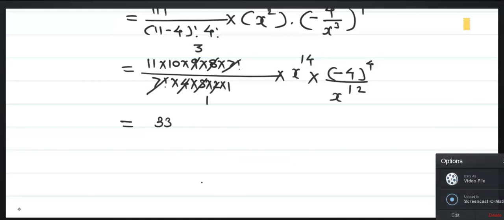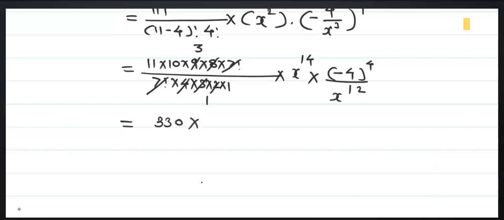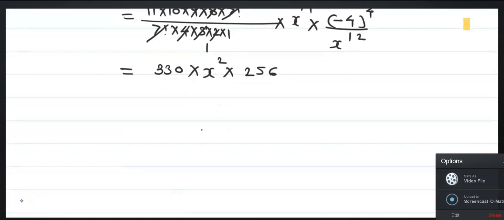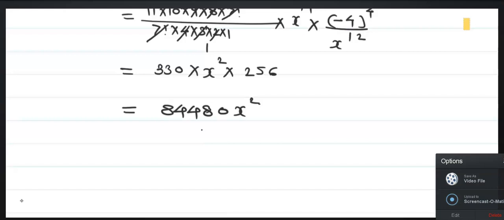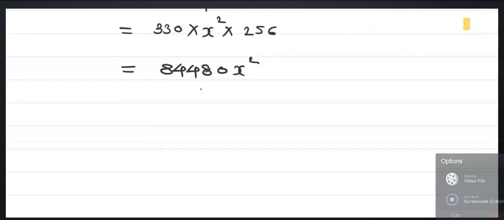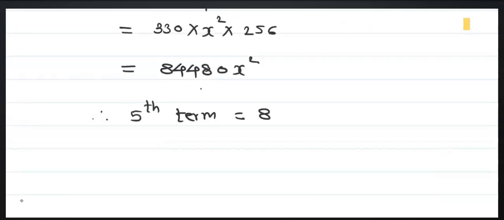You can see these calculations, how I have done: 330 into x square into 256, this is 84,480 x square. Therefore, this is the fifth term.